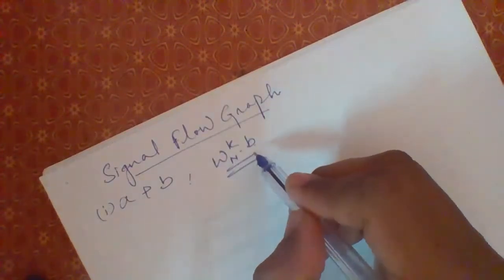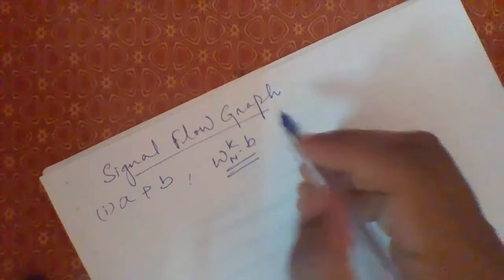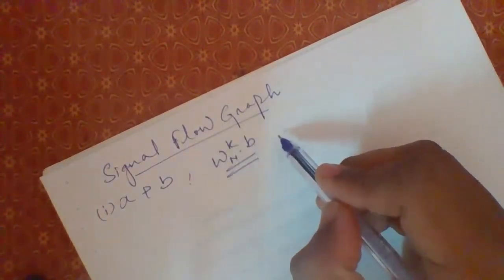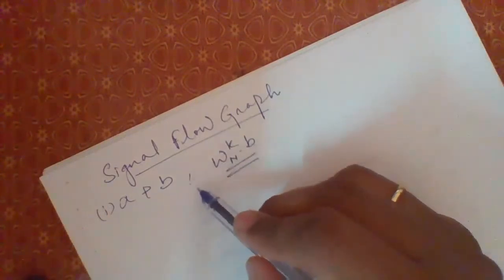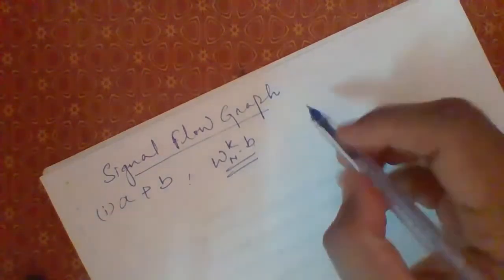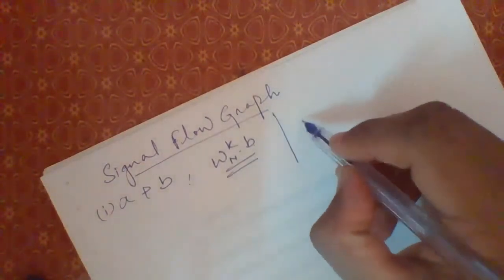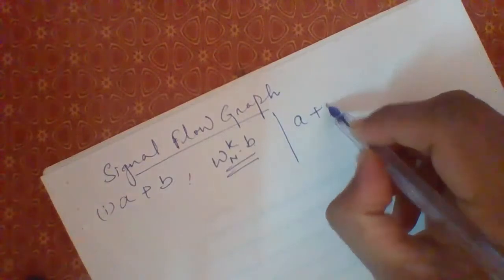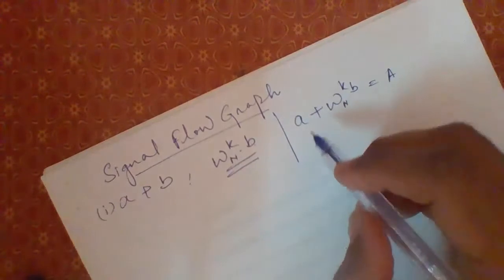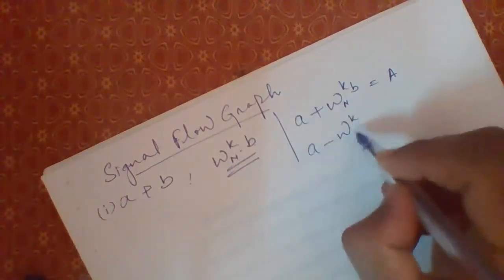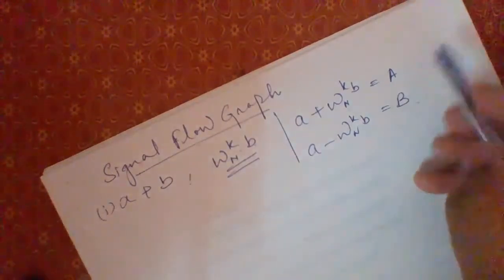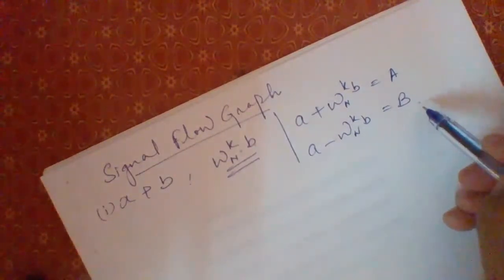And then the product of B into W raised to Kn will be either added with the complex number A or it will be subtracted from the complex number A. So this particular combination is true in every stage.